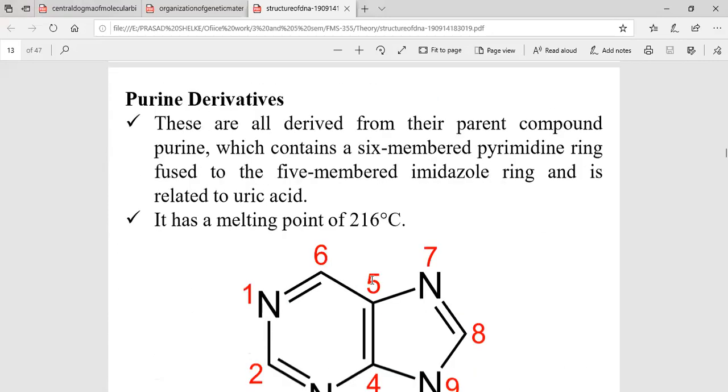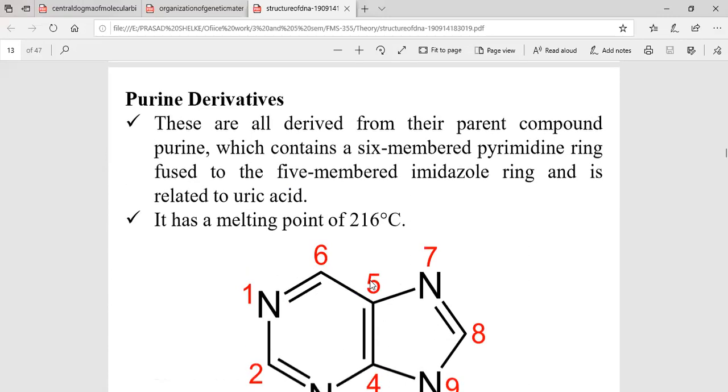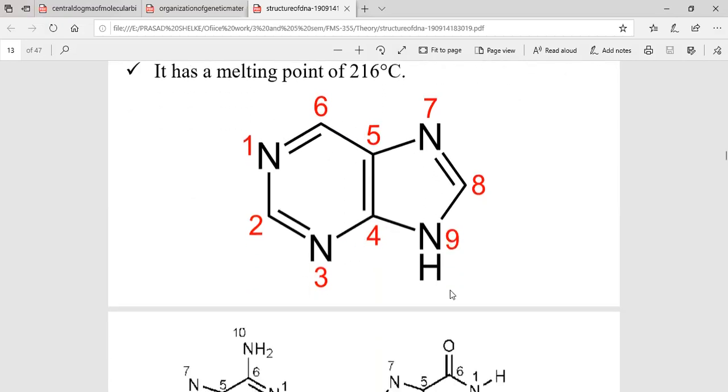And then the purine derivatives contain two aromatic rings, and their nomenclature started from this molecule. It has generally 9 atoms.